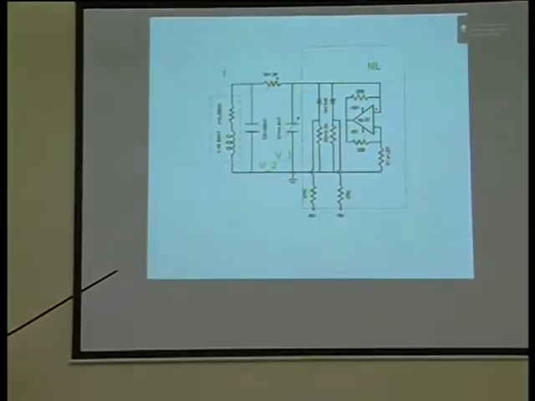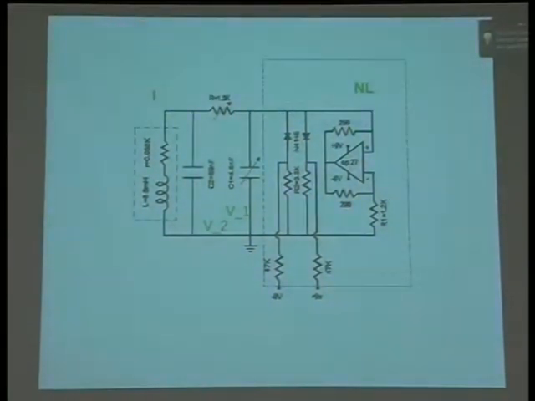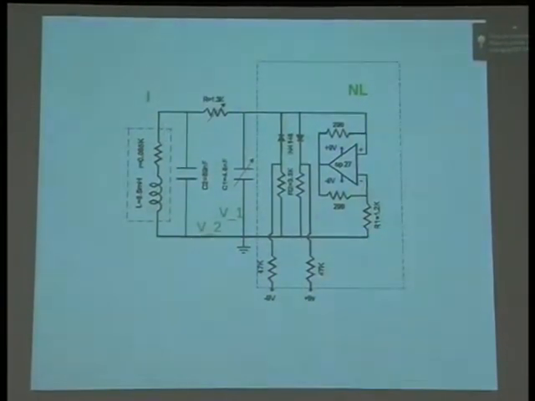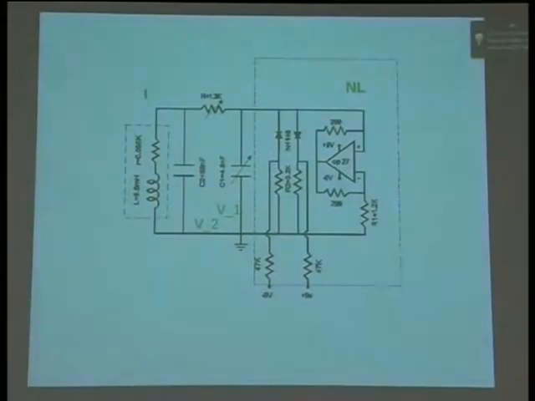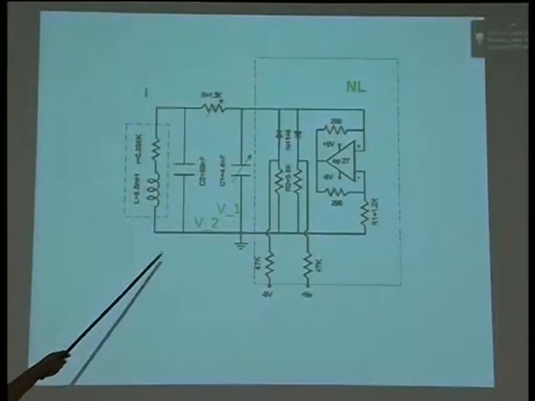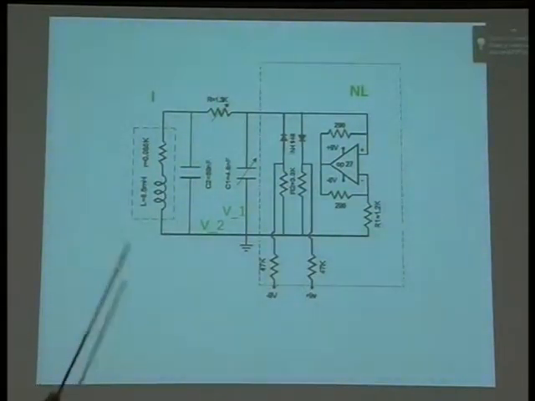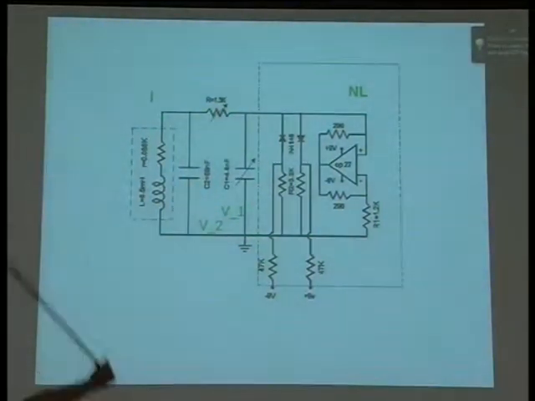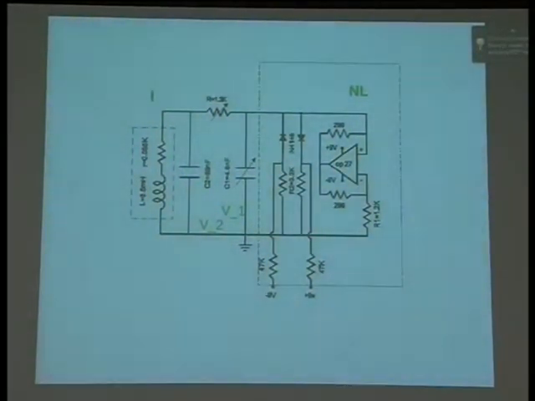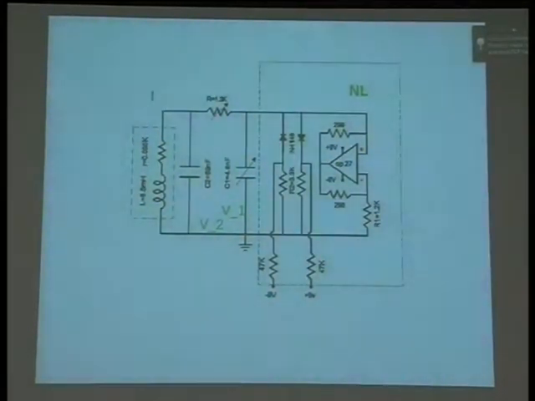This is the circuit used for chaos study by Chua, where this part is nonlinear, giving all the nonlinear behavior inside this circuit. The three variables are the voltage across the C1 capacitor, the voltage across C2, and the current in the inductor.